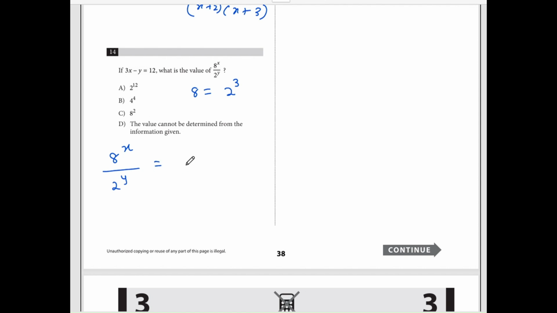Then substitute 2 to the power 3x divided by 2 to the power y. And this becomes 2 to the power 3x minus y. We know it's 3x minus y equals 12, and this is 2 to the power 12. This is the answer.